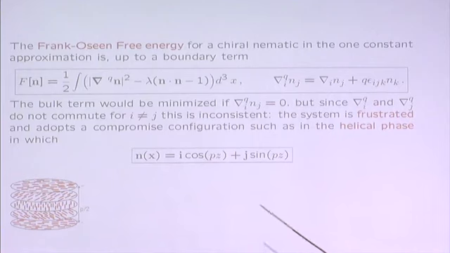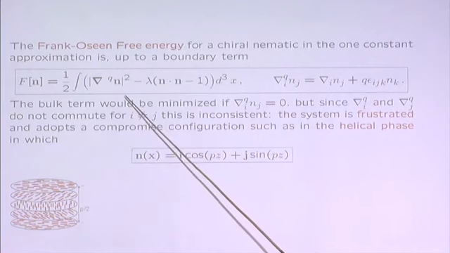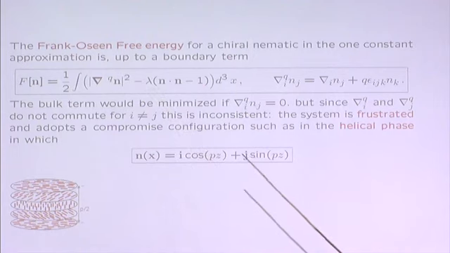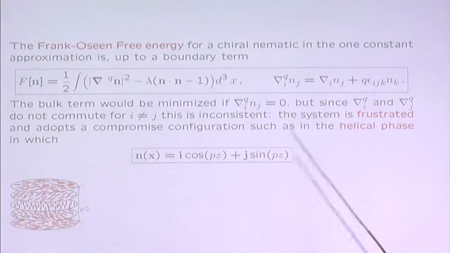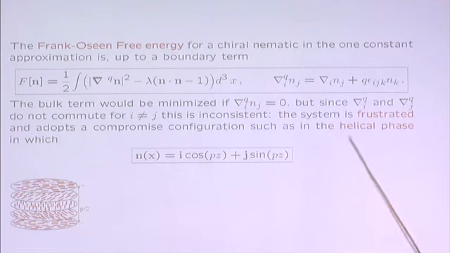Now the bulk term would be minimized if that was 0 or small, in fact 0, but that's not possible because this system, as is well known, is frustrated. If this derivative hitting on n were to vanish, you can take a commutator and get a contradiction.